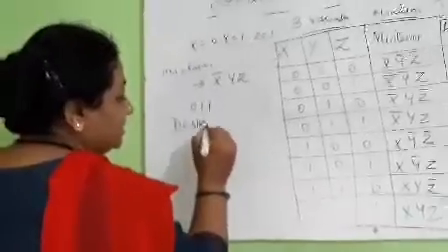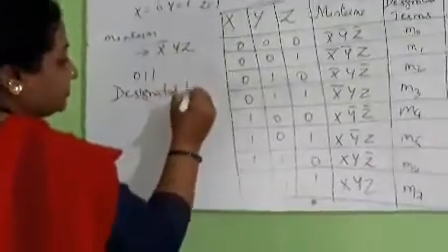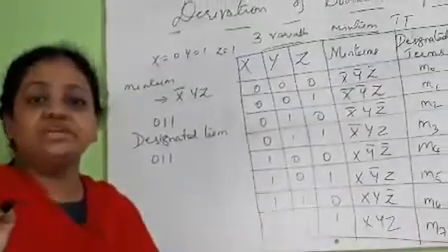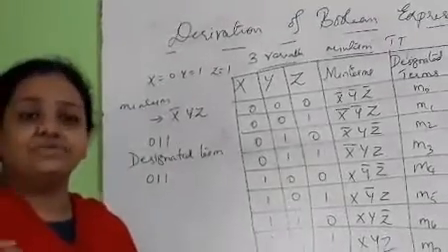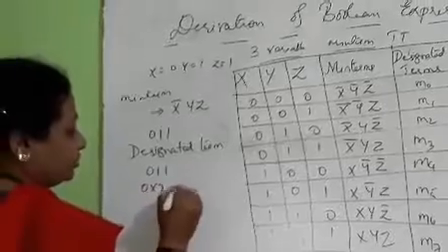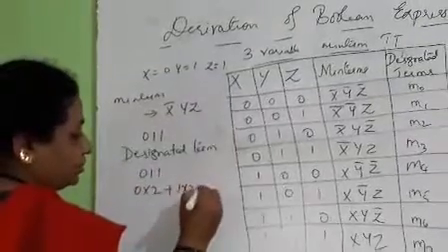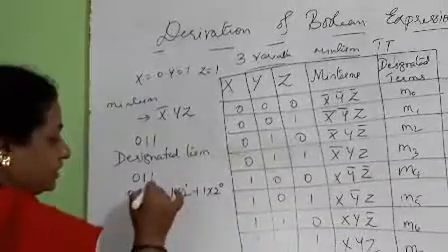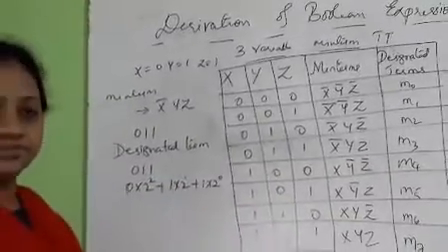So designated terms can be obtained by converting the given combination of binary values to the decimal value, that is 0 into 2 to the power of 2 plus 1 into 2 to the power of 1 plus 1 into 2 to the power of 0.